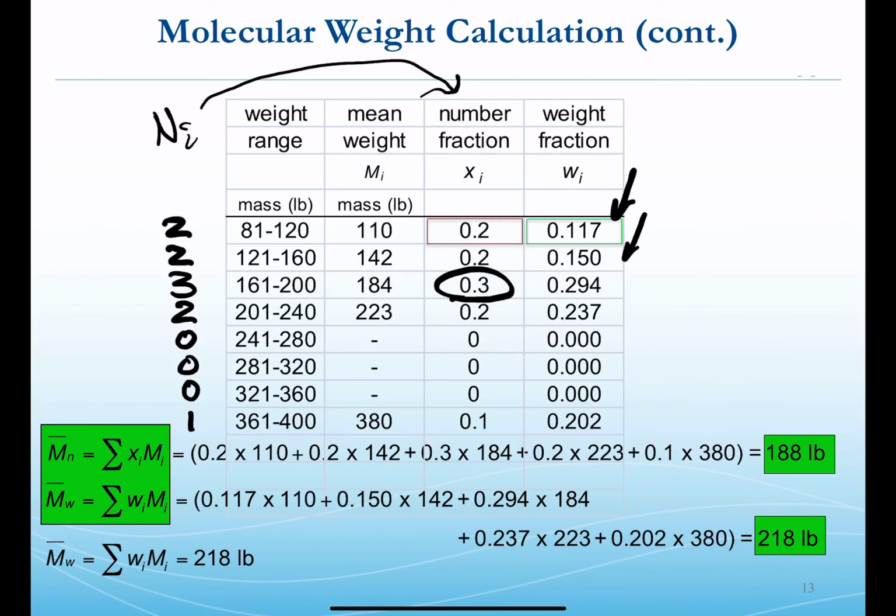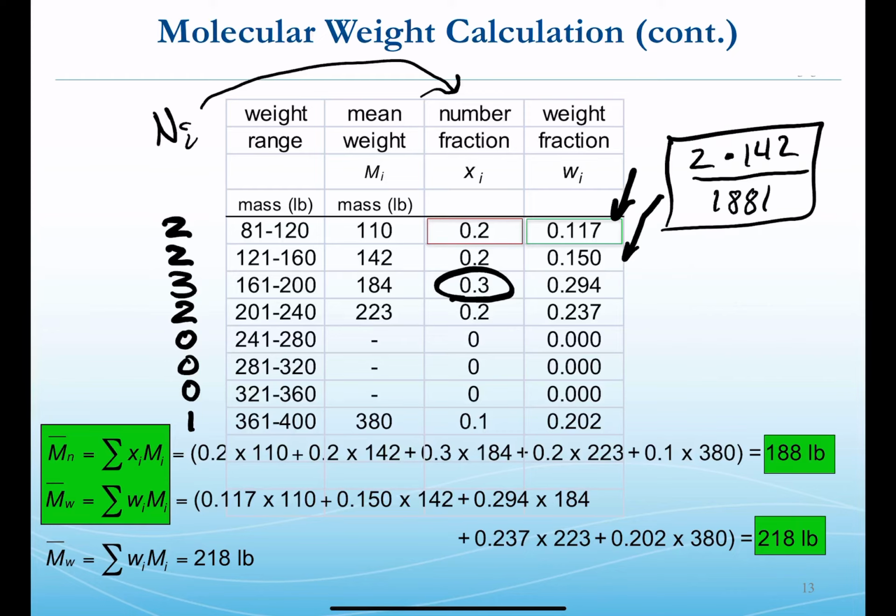Okay, so to get the next one, we would take 2 times the average mass of that bin, so that's going to be the 142 divided through by the total, so that's the 1881, and that gives you that fraction. Okay, and so the pattern continues down. When we have no students, we have no entries there, and then we have a final value of 0.202 from the last student. Okay, so these are our xi and wi values.